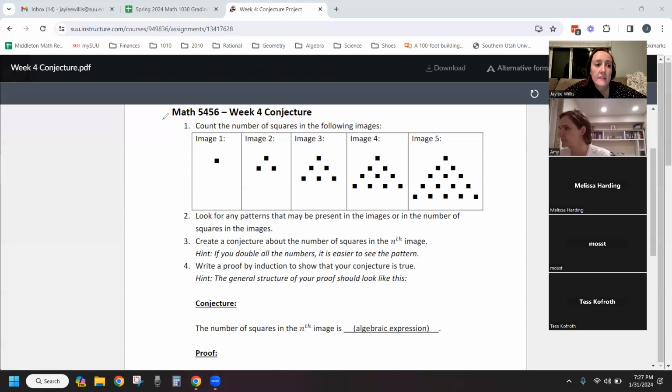So for the base case, why don't you guys try typing it out in the chat, like what that proof would look like. And it's okay if it's not super polished. Okay.